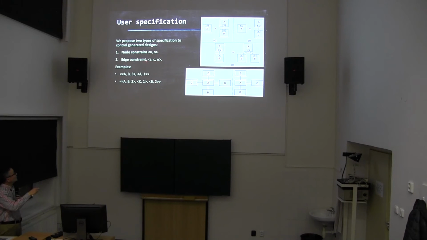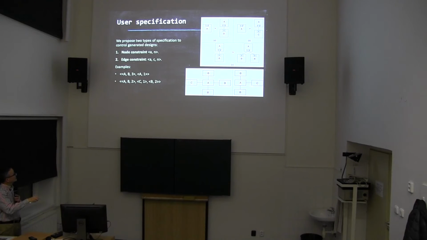I have an edge constraint that two rooms are connected a certain number of times, and so on. This is the example, like say an A room and two B rooms. A connects to three B rooms, like this one. The order doesn't matter. And also there is only one A.